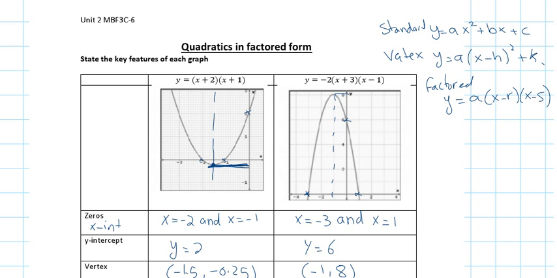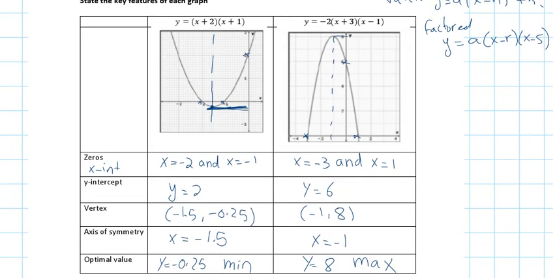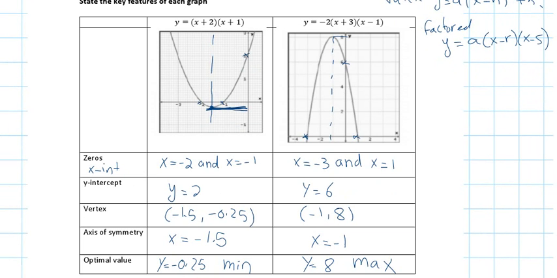Now, my question to you guys, out of all the key features that we have talked about, which key feature is related to the factored form? The zeros, right?